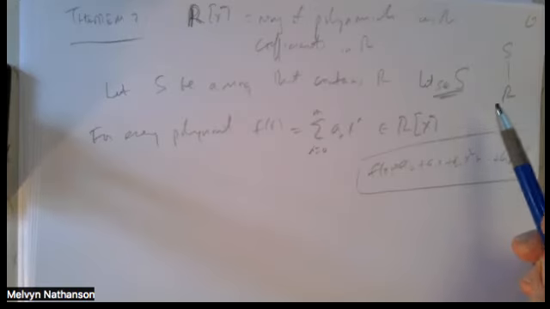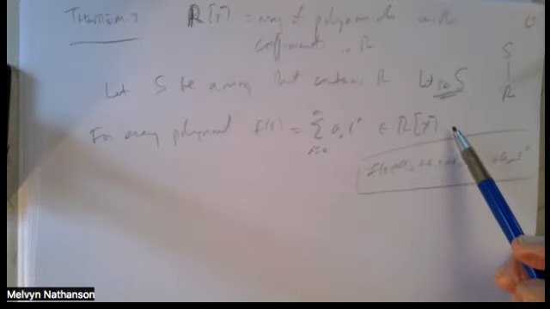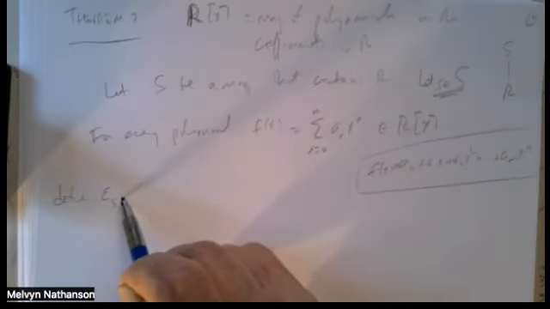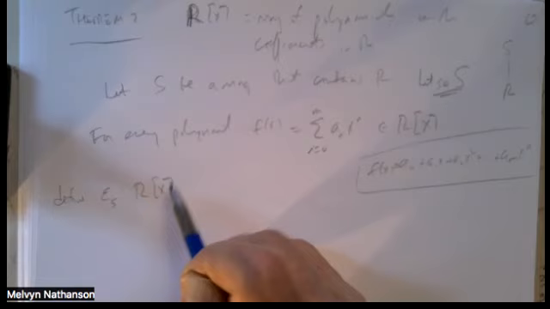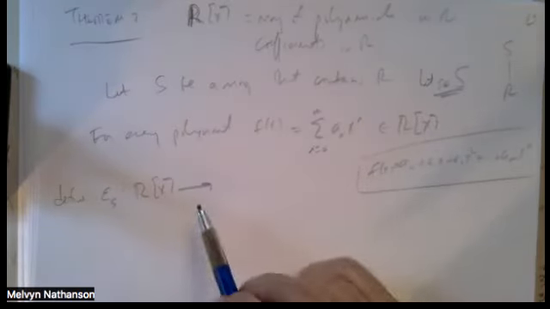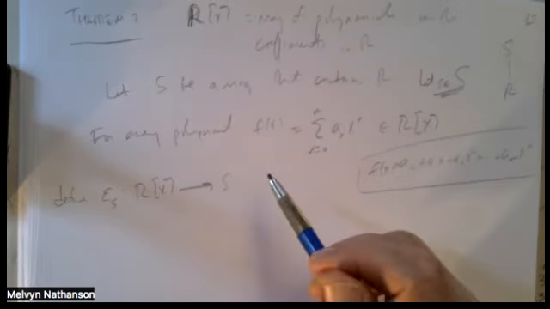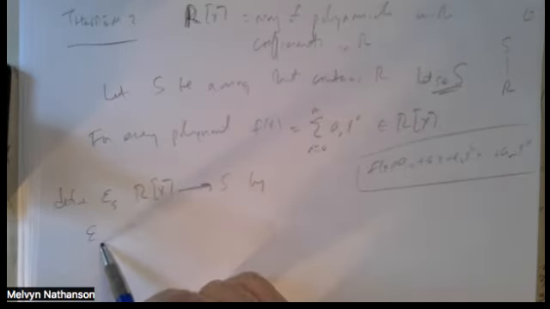So I want to define a function from the polynomial ring into S. So I'll call it epsilon sub s, which is going to send a polynomial to an element, a number in S. And we define it by letting epsilon sub s of the polynomial f be exactly what you get when you substitute s for x, a sub i s to the i.